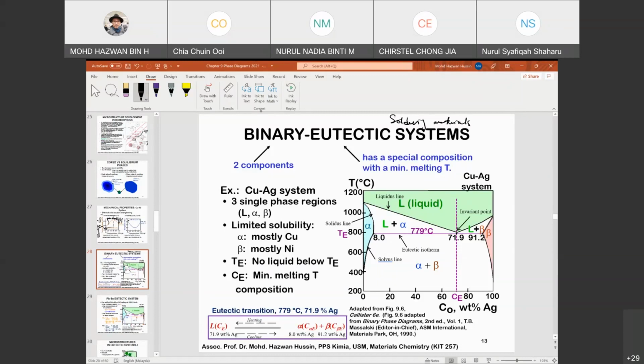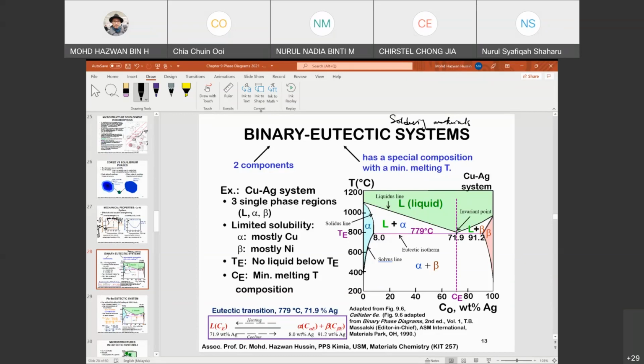Okay, for example, copper, silver, lead, tin, and whatsoever. For example, over here it shows the phase diagram of copper, silver. Then you will have this kind of shape of your phase diagram.